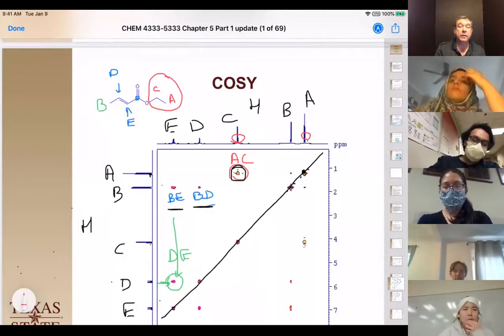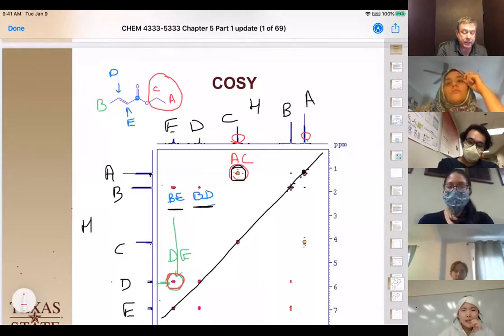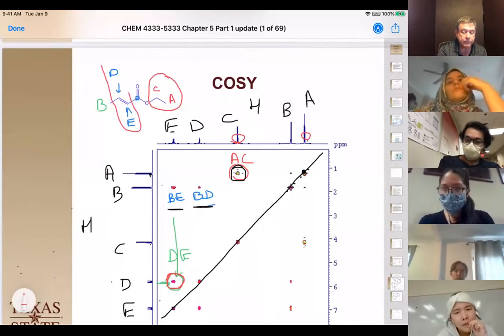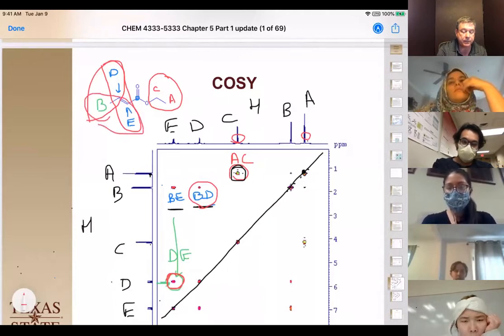Okay, now let's go to the B and the E and D, which are related to each other. And that would be the fact that these are within 3 bonds of each other here. And then we have a BD interaction, which is here. And then a BE interaction, which is here, okay?